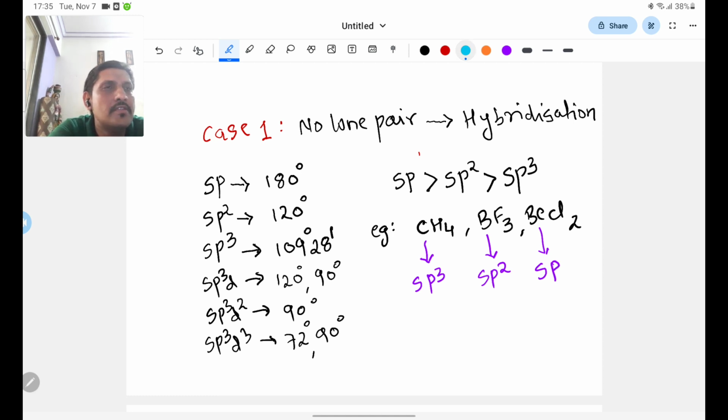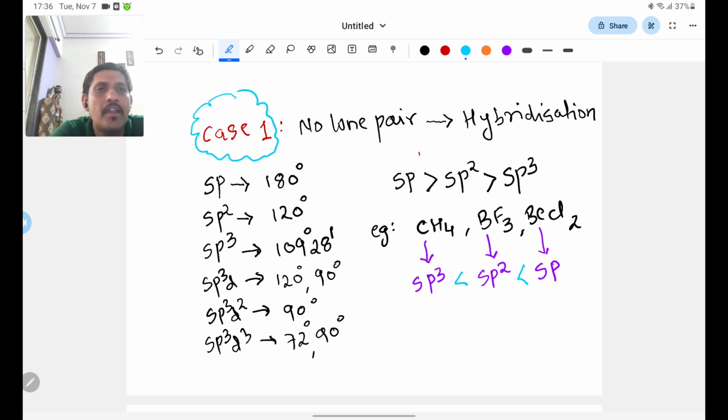So students, what will be the order of bond angle? Obviously sp is greater than sp2 and sp2 is greater than sp3, so our bond angle order will be like this: methane, BF3, BeCl2. The highest one is BeCl2 and the lowest one is methane molecule. This is our case number 1.